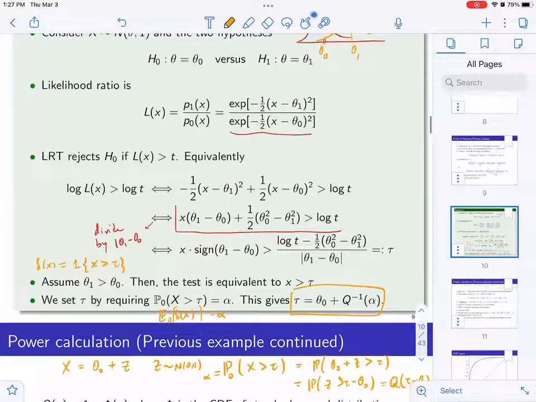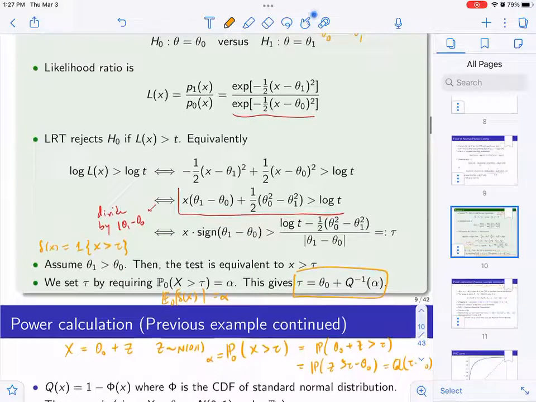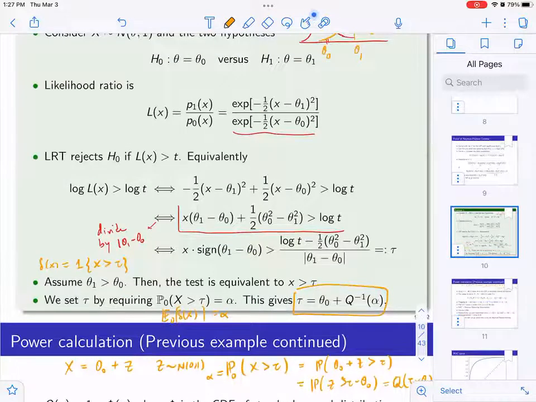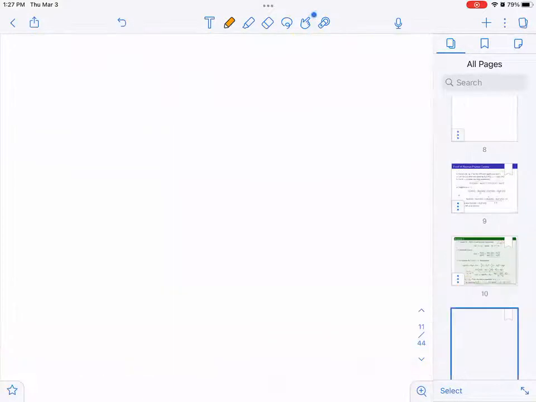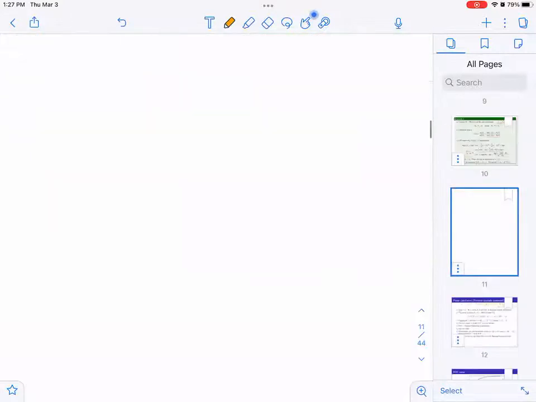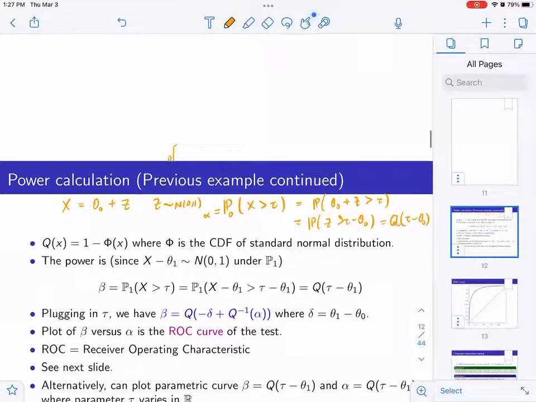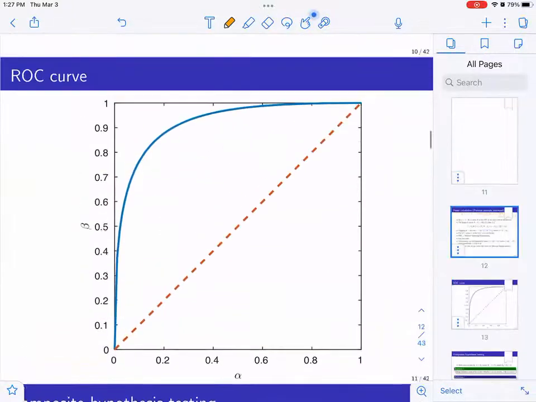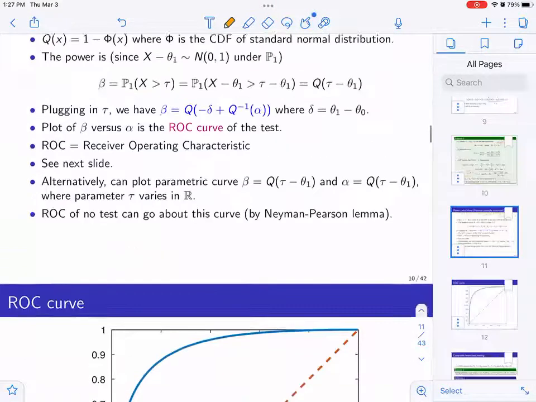Questions? Oh, there is something in the chat. Q, okay, so Q is this Q function. I actually have it here. Minimize the chat. Yeah. So Q is here.